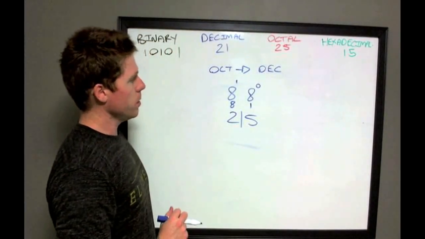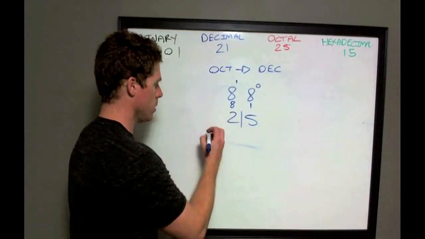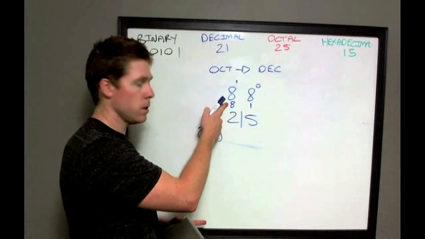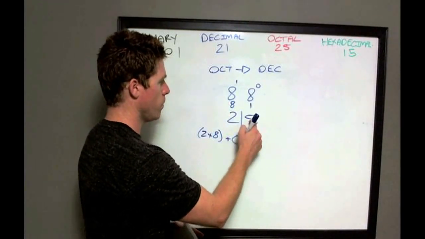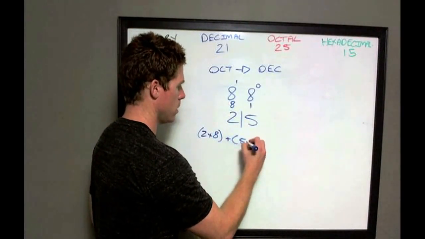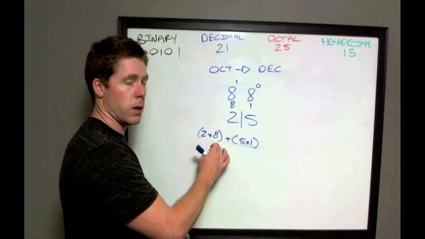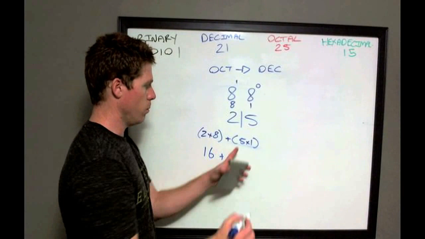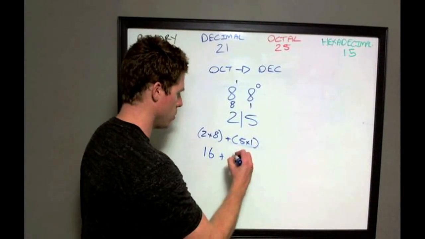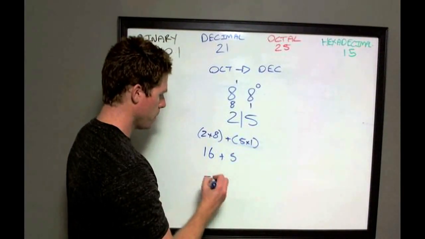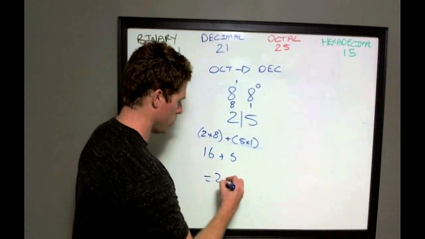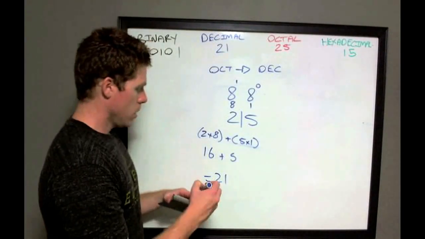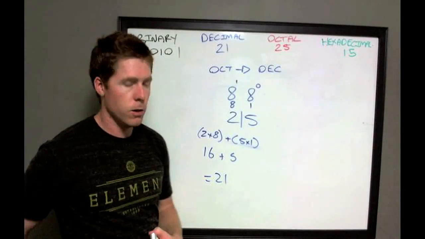So in this example, what we've got is 2 of the 8s and 5 of the 1s. 2 times 8 is 16. And then we've got 5 of the 1s, which is just 5. 16 plus 5 equals 21. Yes, very good.